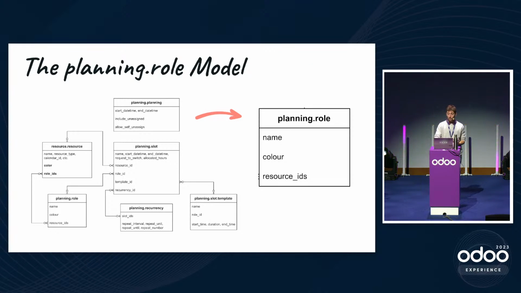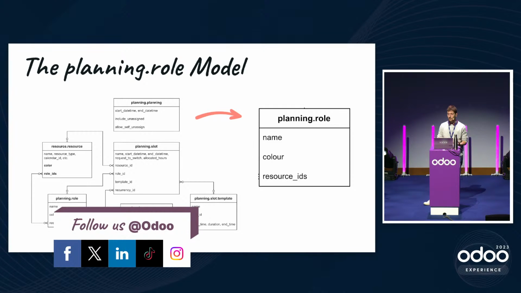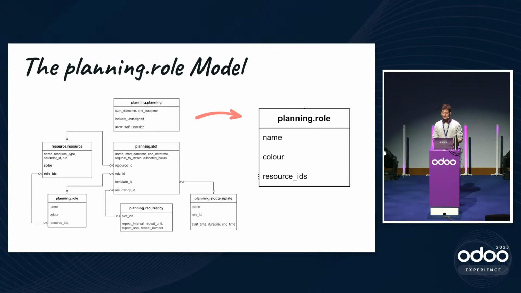Then we have the planning.role model. It's basically a model that represents roles that the resources can have. The model has a name field for the role's name. It has a color, again, for visual purposes, and it has a relational resources IDs field, which points to the resource records that actually have this role.